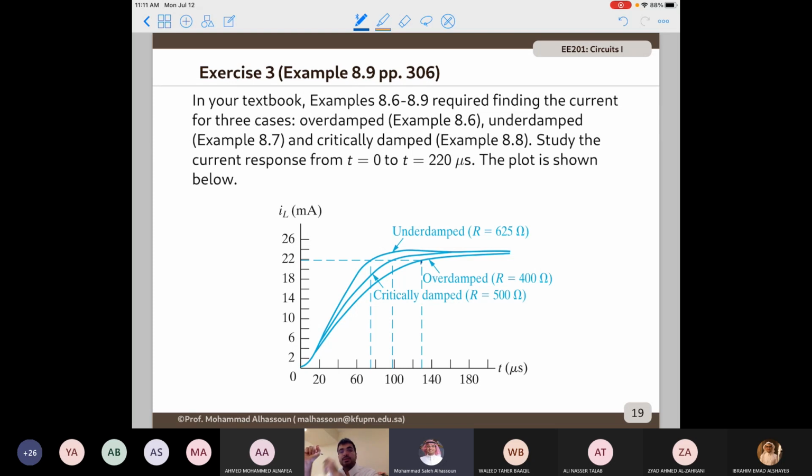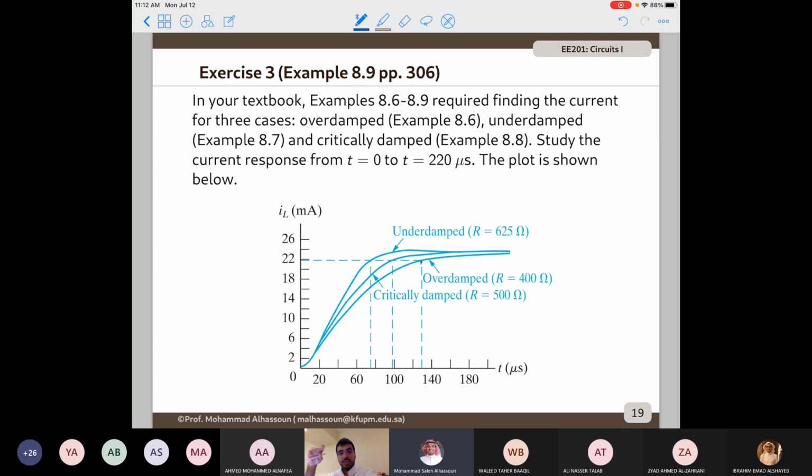If you design your circuit or your system based on a single value of resistance, then for any slight change, any non-ideality in your circuit elements, your system will, for example, move to an underdamped response, which is something you don't want.